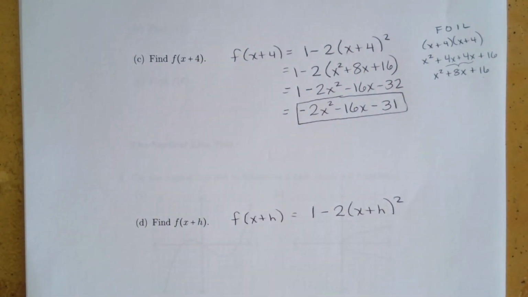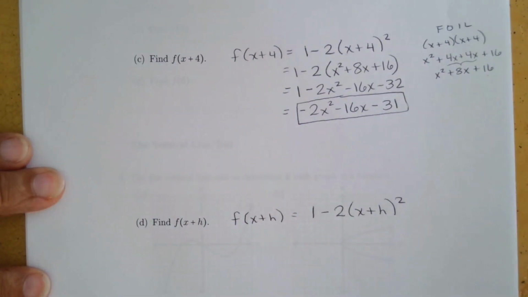Okay, so it looks like that. All right. Okay, so it's going to be very similar to what we just did, except we don't have any numbers. We just have the x plus the h in there.